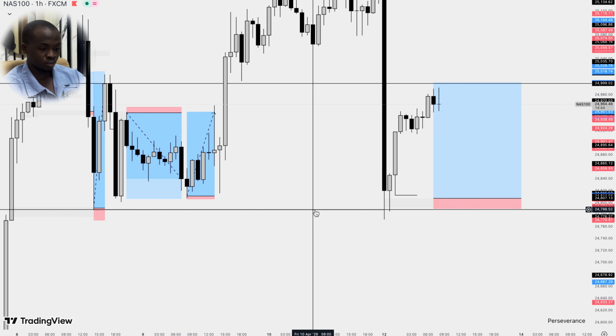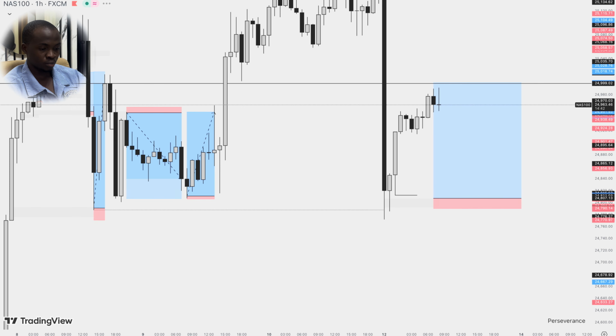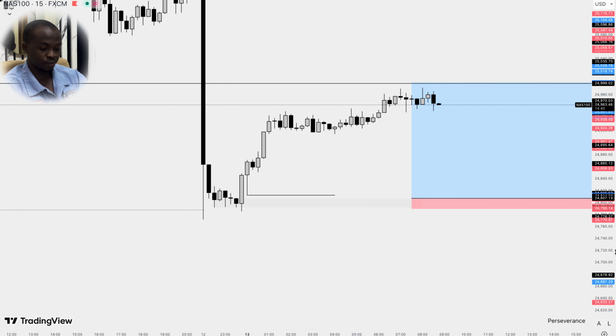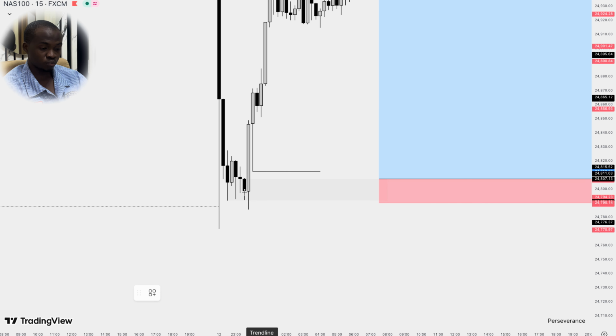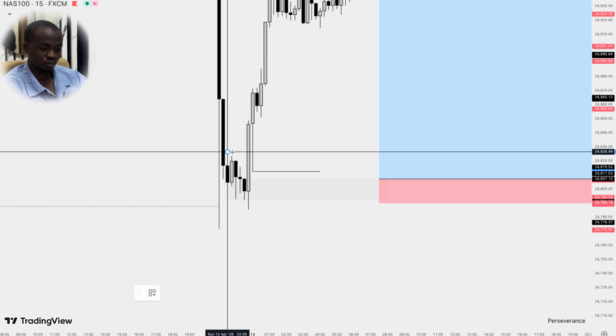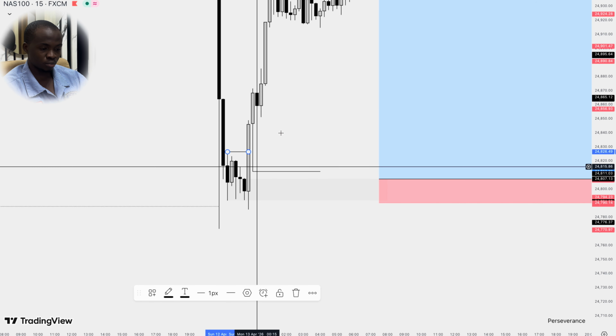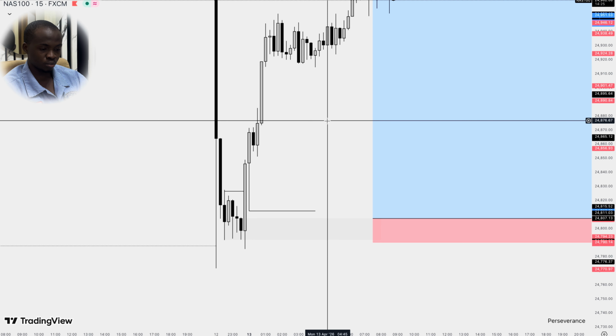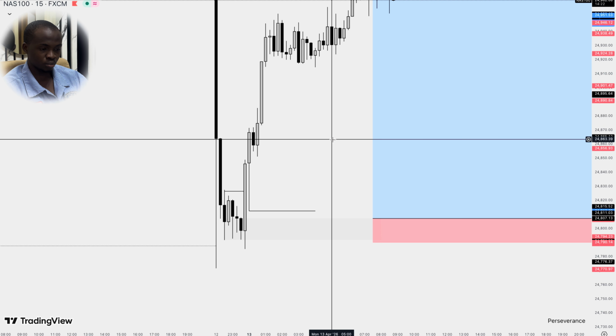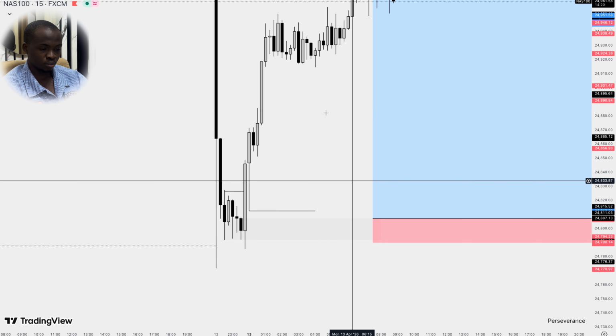So since we have this liquidity sweep, if I go down to the 15 minutes time frame, for example, this level here is the first point of interest, which is where we have our MSS, we have our inducement, and confirm our inducement, right? This is the first point of interest, and price did not respect this first point of interest before moving to the upside.